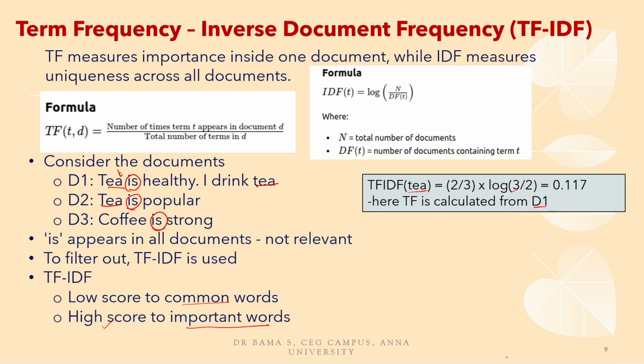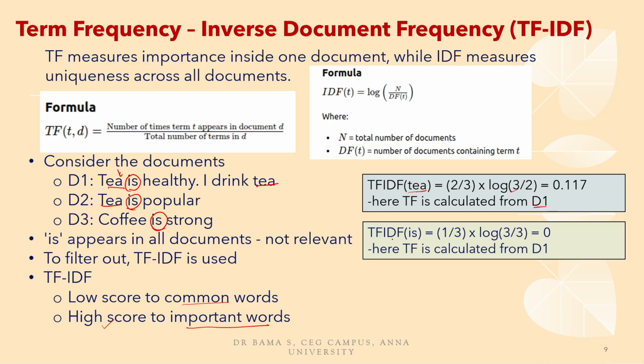Now suppose we calculate TF-IDF of "is". It is going to be 1 by 3 multiplied by log of 3 by 3. Why 3 by 3? Because "is" is happening in all 3 places. So 3 by 3 is 1, and log of 1 is 0. So TF-IDF of "is" is going to be 0.